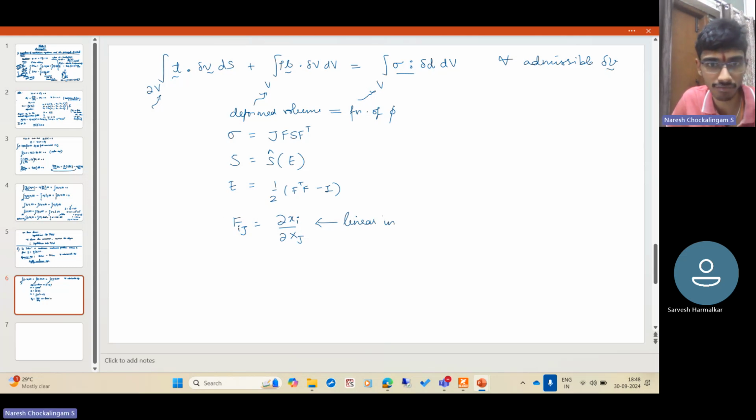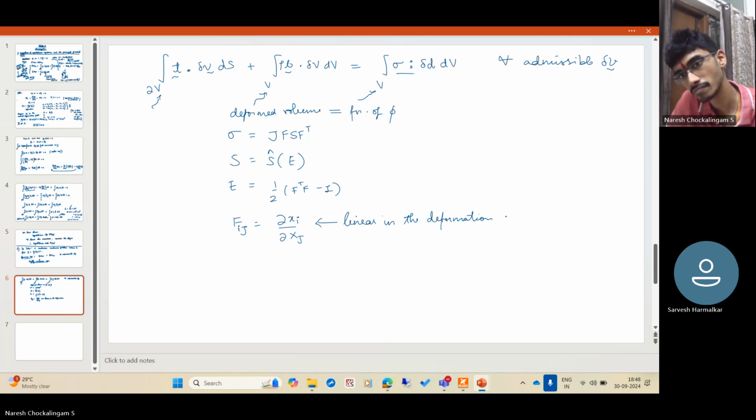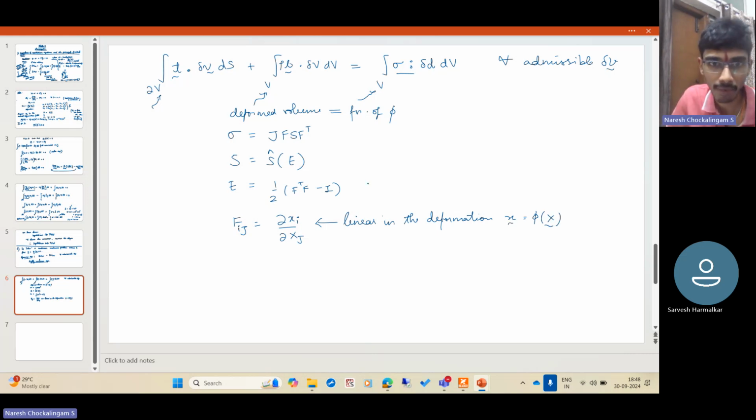F is just the gradient of the deformation, so this is linear in the deformation phi of X. But if you see the Green-Lagrange strain tensor, it is not linear. It is non-linear in F.